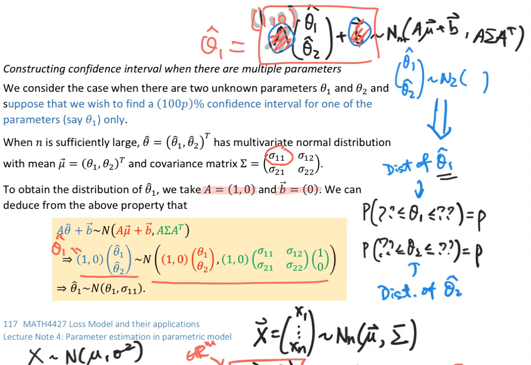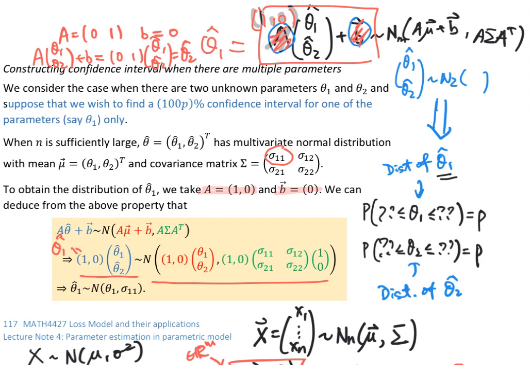Of course, you can also do the same for the other parameter. To get this, you can choose A equal to (0, 1) and B equal to 0. In that case, A times (theta 1 hat, theta 2 hat) plus B will be equal to theta 2 hat.